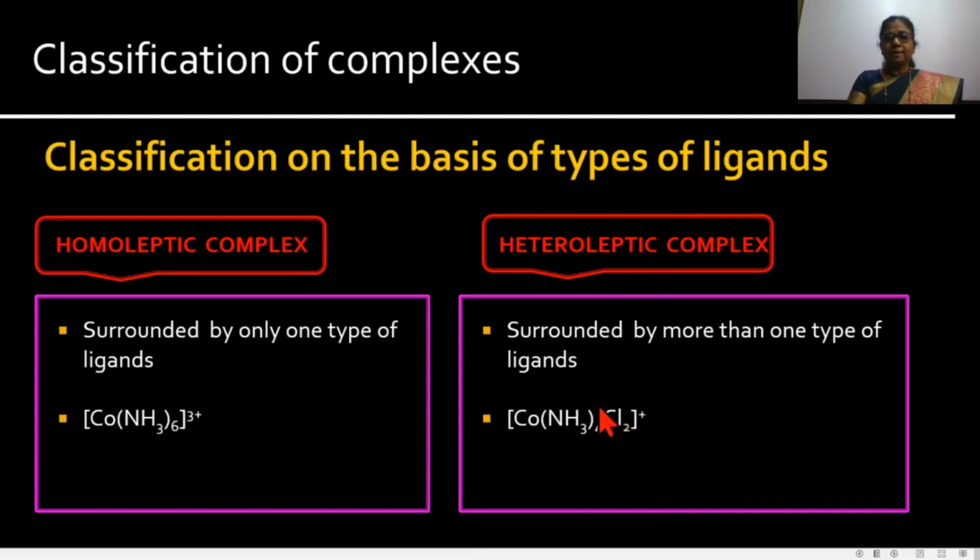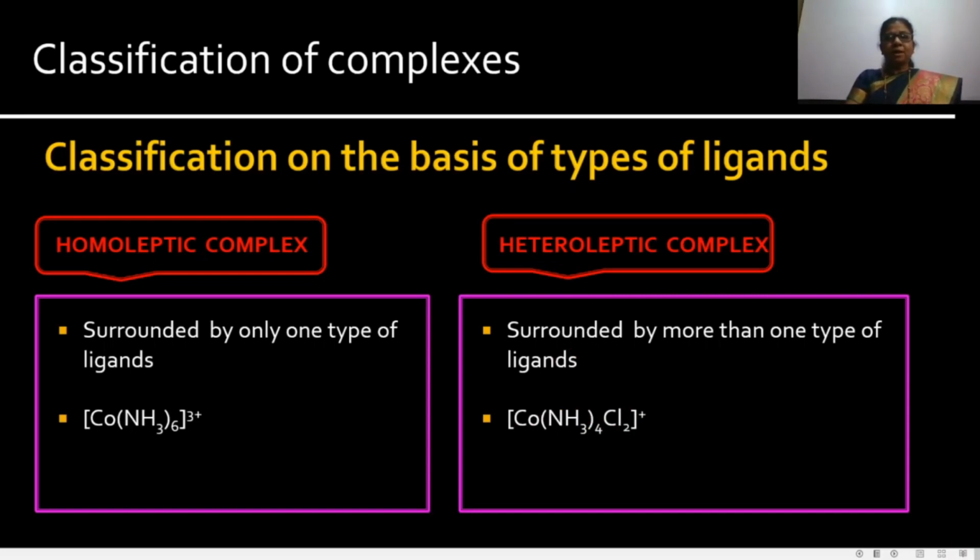In this example, the central metal ion is cobalt, and it is surrounded by 4 amine groups and 2 chloride ions. These are different types of ligands, and therefore this type of complex is called a heteroleptic complex.